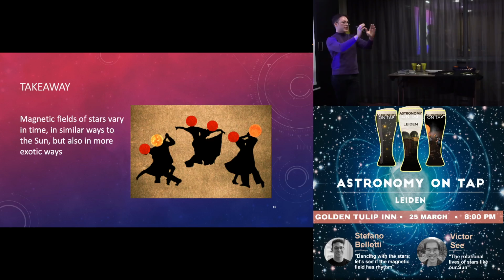So the amount of light that you receive will vary over the course of the rotation of the star. When the spot is out of view, then you will receive the maximum amount of light, and when the spot comes into view, it decreases. So you will have a fluctuation in time of the brightness of the star, and that is a way, for instance, to infer rotation periods. Thank you.